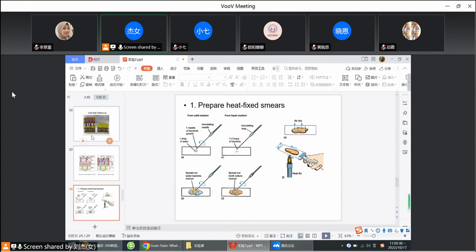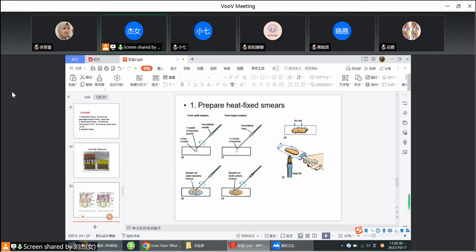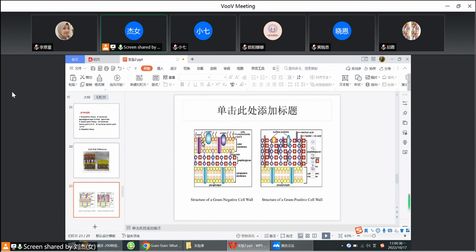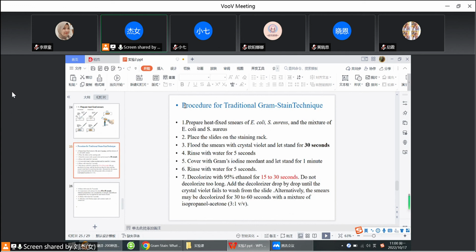Mechanism means why it can make the color for the gram-negative cell wall and gram-positive cell wall. Then write down the steps, the procedures. You need to finish it like this. So please submit your lab report on next Monday. Remember it.